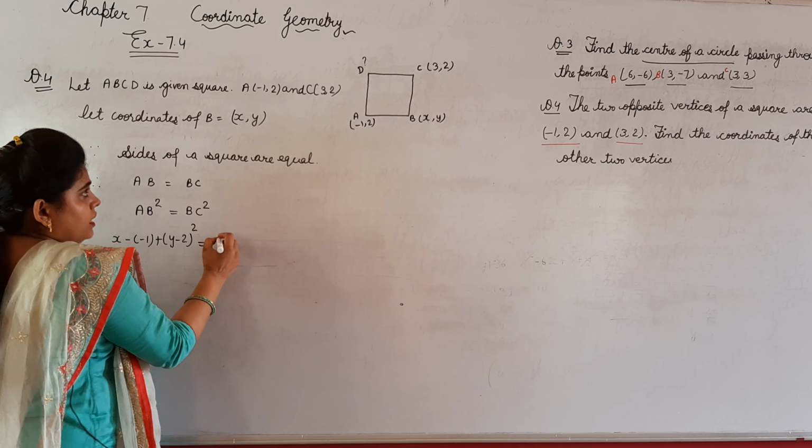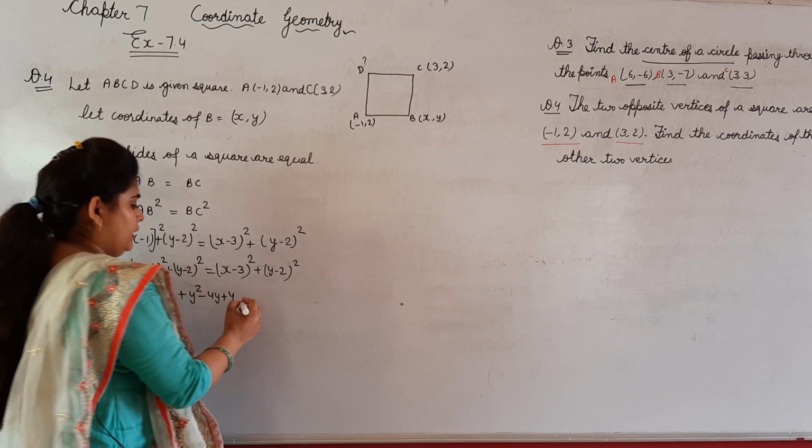So now x square plus 2x plus 1 plus y square minus 4y plus 4 equals x square minus 6x plus 9 plus y square minus 4y plus 4. What we have done here? We are using identities.